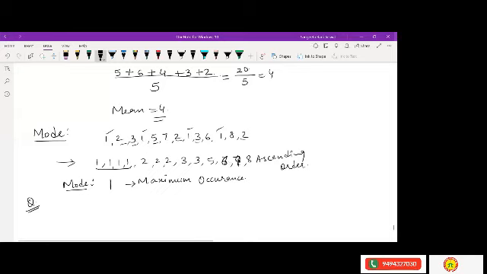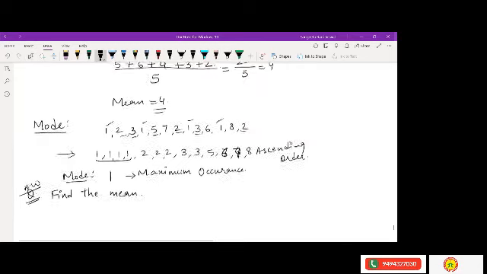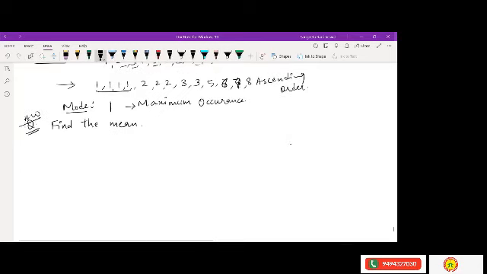Okay, now I'm giving you a question to find the mean. This is for your homework. Just note down the questions, you can do them afterwards. Find the mean. The data is given.